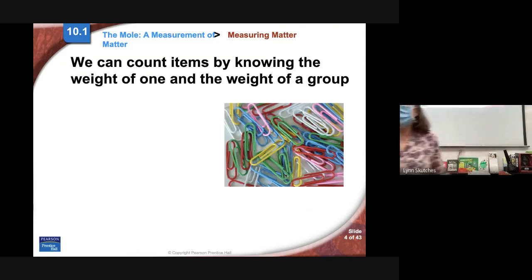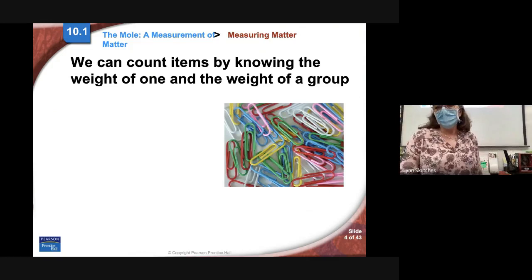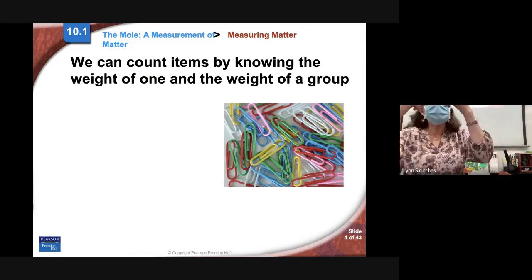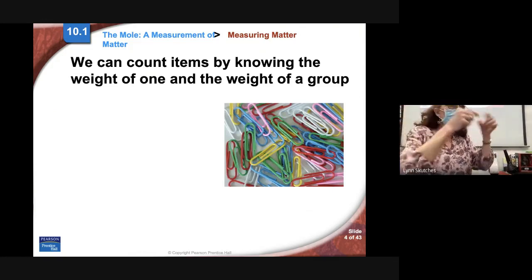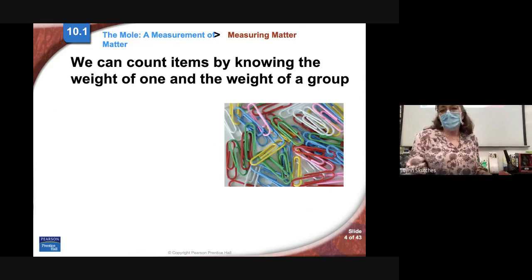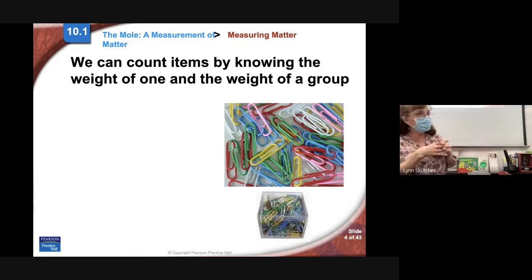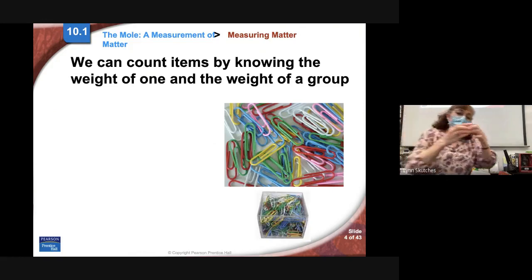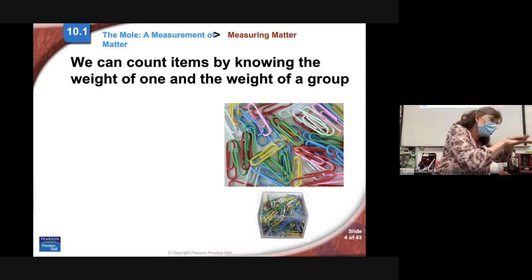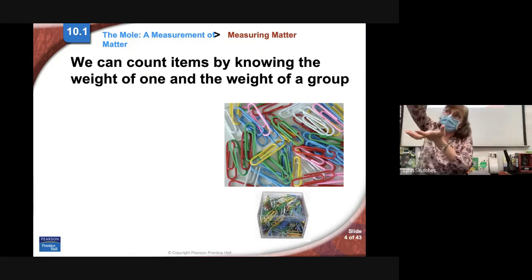So if you want some paper clips, or you're a paper clip manufacturer, you're not going to have someone in the back room counting out 100 paper clips and putting them in each little box, right? To put paper clips in a box, they do it by weight, by mass. So we know how much 100 paper clips should weigh. The little box goes down the conveyor belt. It's got a little sensor underneath, gets underneath the filling funnel and in go the paper clips.